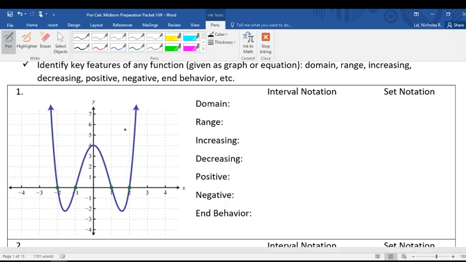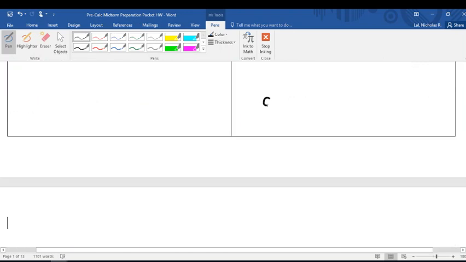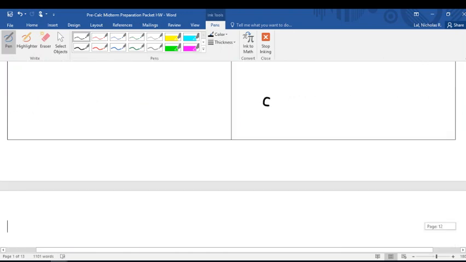interval and set notation. Looking at the domain, I can see that this function is going on forever to the left side and on forever to the right side. It doesn't look like there's ever a point where the graph is discontinuous, where there isn't anything on the domain.